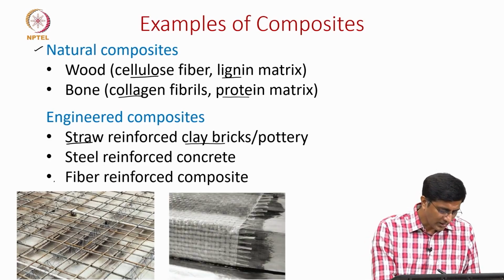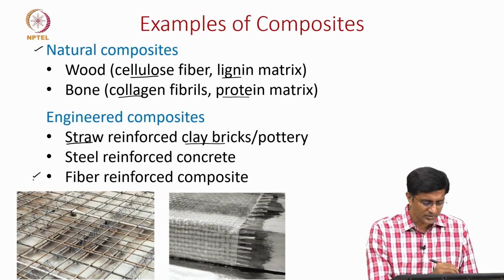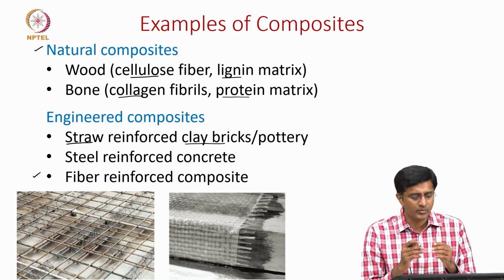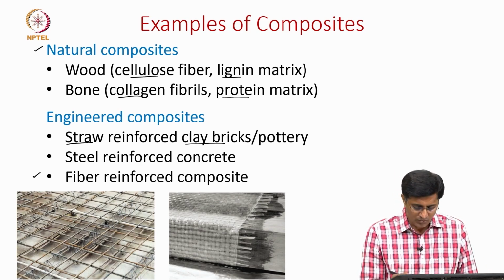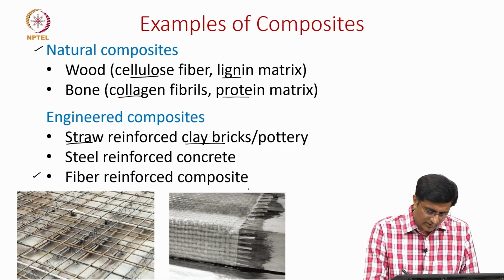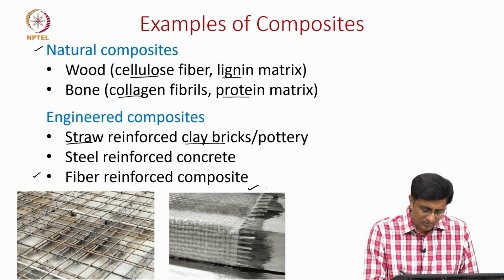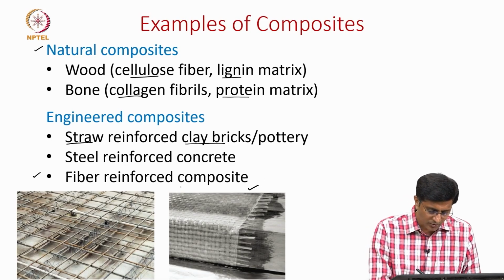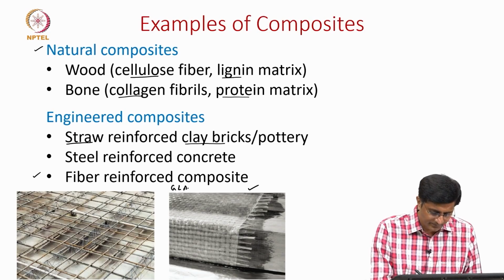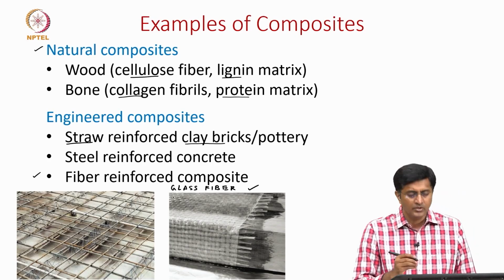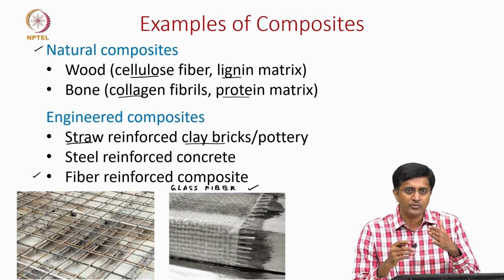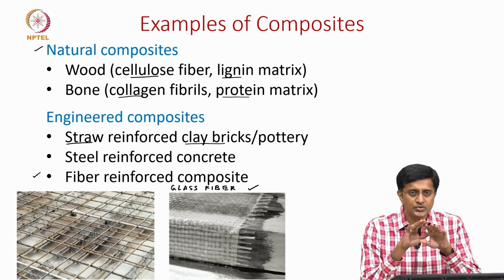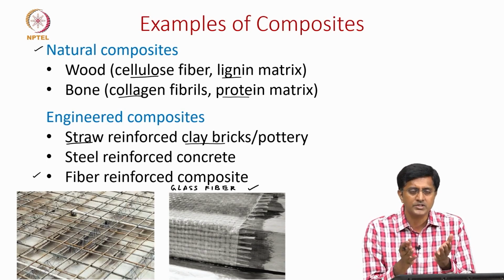Moreover, we also have fiber reinforced composites, where we have fibers reinforced in a matrix material. What we see here is one example, which I think is a glass fiber reinforced composite. This means we have glass fibers reinforced using another polymer such as epoxy.